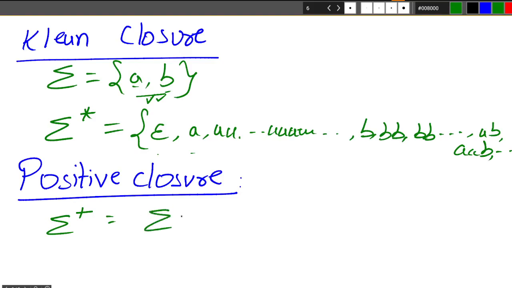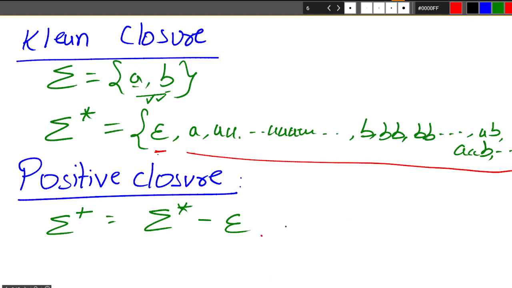So you had Kleene closure minus epsilon. That means all these things are there, no problem, only epsilon is not there. All other possible strings are there.